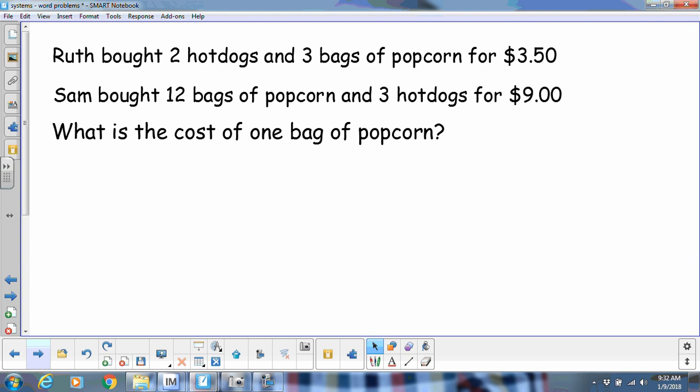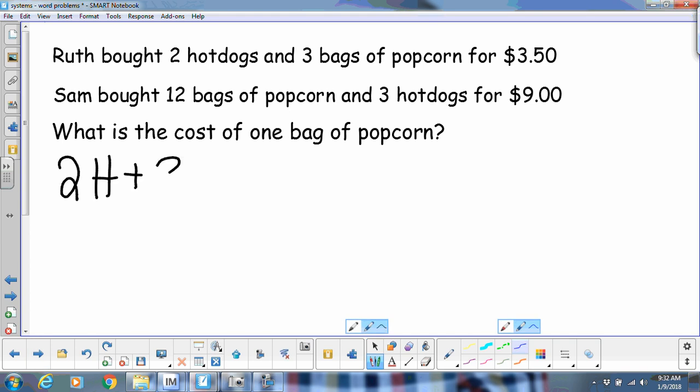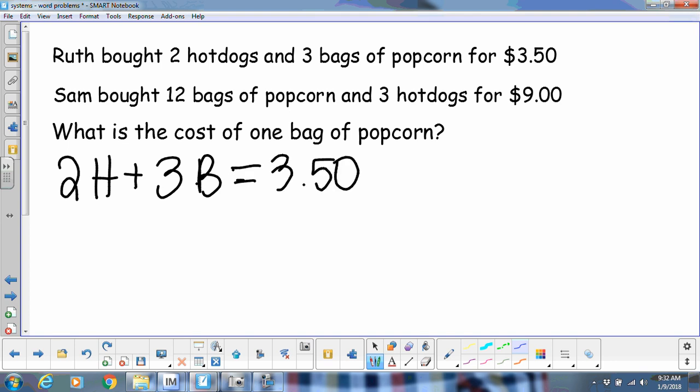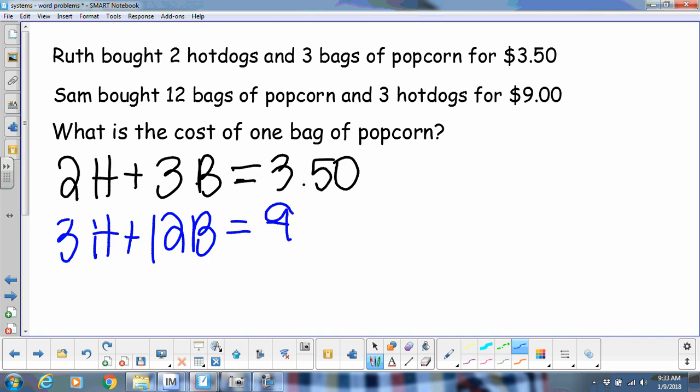How do I write that? 2H plus 3B, either way, equals $3.50, all right? Sam bought 12, look, I got messed up. Was it in order? No, Sam bought 12 bags of popcorn and 3 hot dogs for $9.